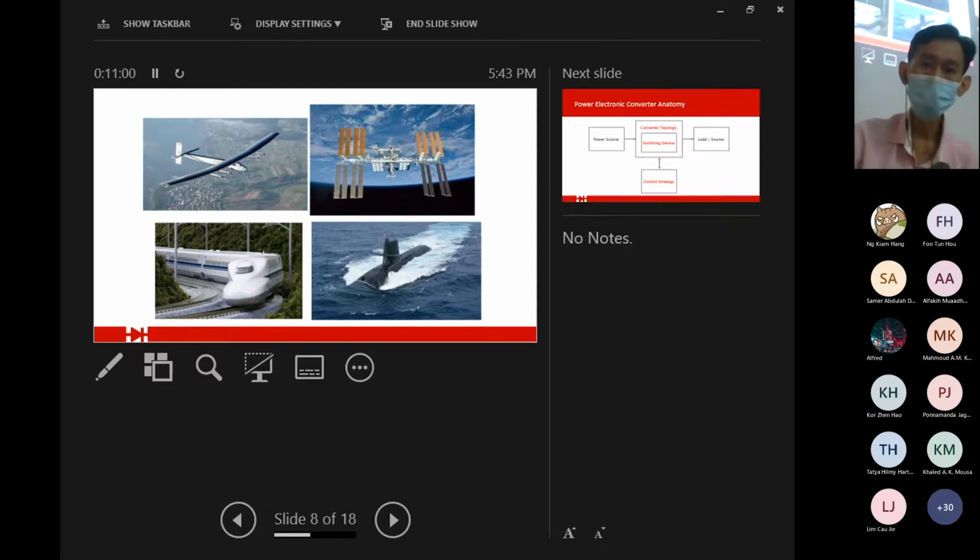Obviously the space station, and Solar Impulse, the plane that flies using solar and battery only, no fuel. Or even submarines. When a submarine submerges, they don't use a diesel engine because it requires oxygen and will exhaust carbon monoxide. So when the submarine is submerged, everything is powered by electricity.